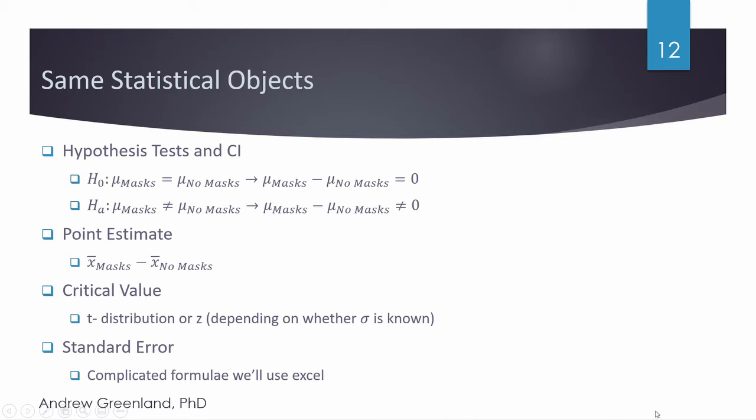And so instead of encouraging you to memorize them, in any situation like this, I'm going to have you evaluate this hypothesis test in Excel, and I'm going to show you how we would calculate the point estimate, critical value, and standard error from inside Excel.